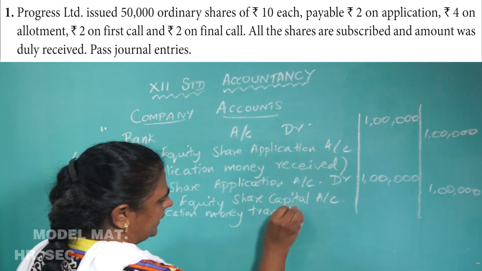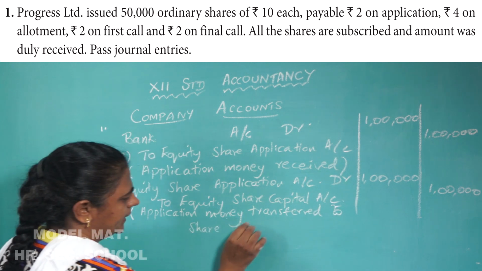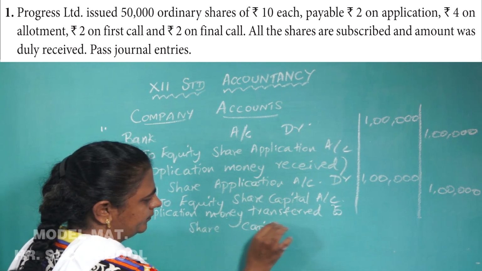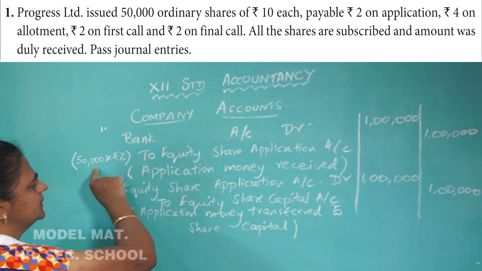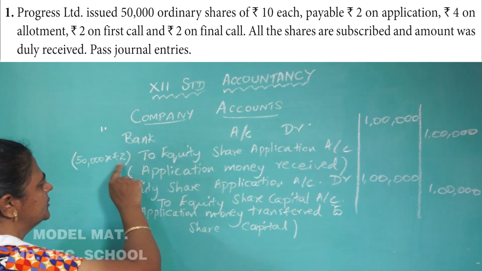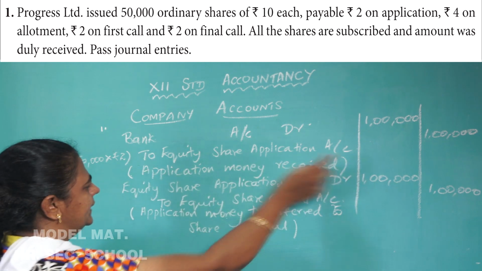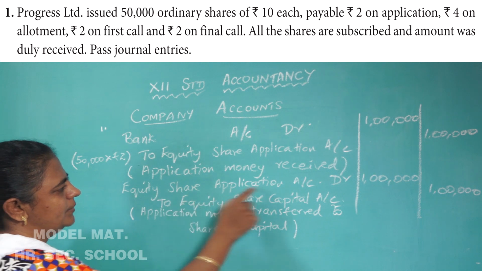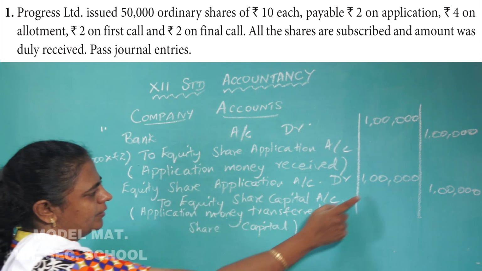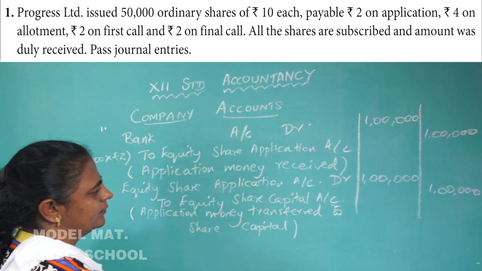Application money transferred to share capital. First is the receipt of application money for 50,000 shares. Application is 2 rupees, so 50,000 into 2 is 1 lakh. Then this money should be transferred to share capital, equity share application account debit to equity share capital account, and you copy the same amount.